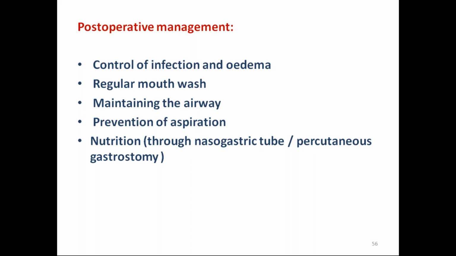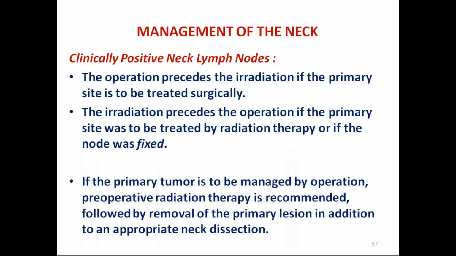Prevention of aspiration, as the tongue movements will be impaired, so the patient is at more risk of aspirating saliva and other contents. So for nutrition, as there is a risk of aspiration, the patient is given nasogastric tube nutrition, and percutaneous gastrostomy is preferred in case of end stages.